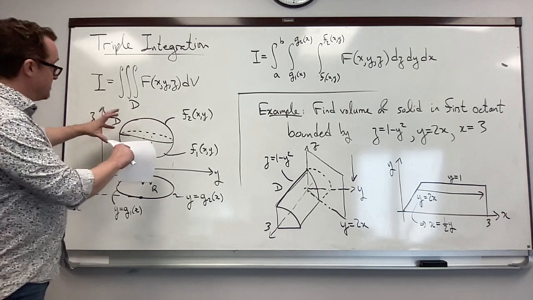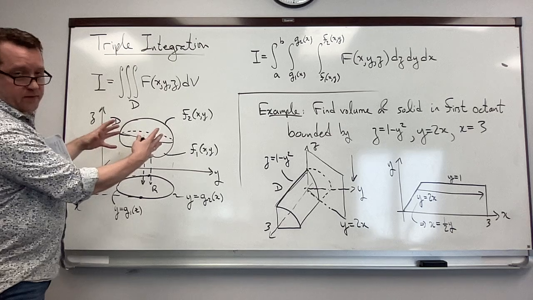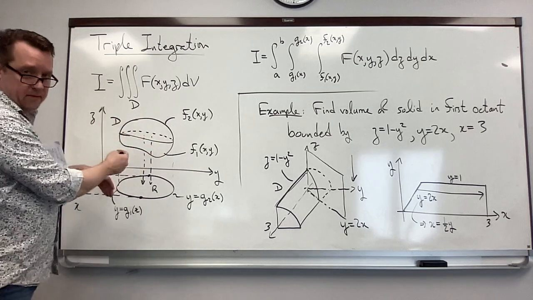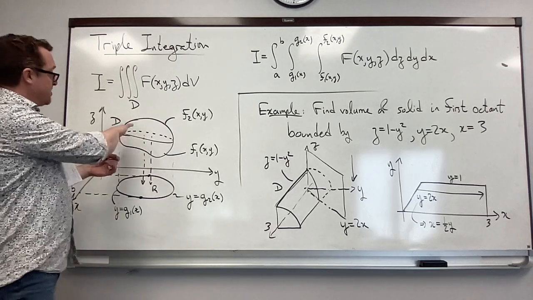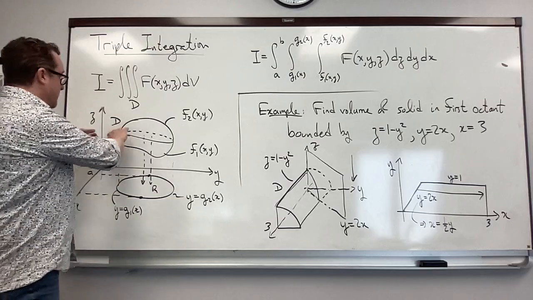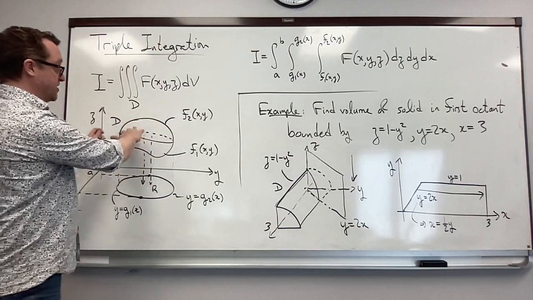Let's imagine this three-dimensional blob hanging out here in x, y, z. It has a top, a bottom, sides, a front and a back, if you want to think of it that way. If you think of the top in terms of z, the function that describes the top of this blob we're going to call f2, which is a function of just x and y.